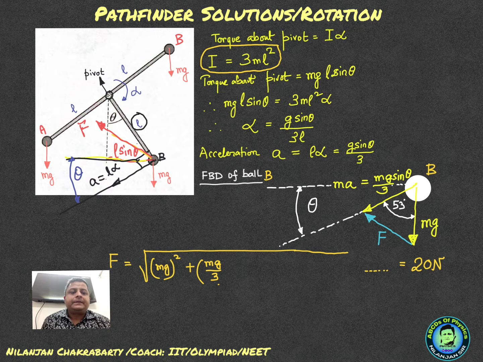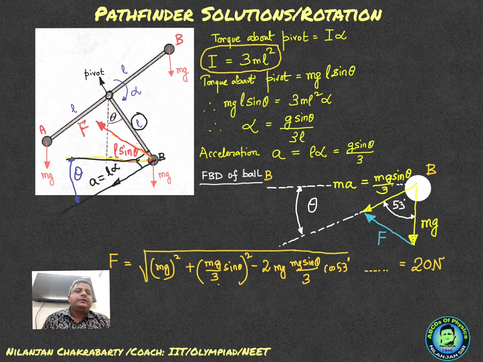So F equals mg times root over of mg square plus mg by 3 sine theta square minus 2 mg times mg sine theta by 3 times cos 53, and this I have calculated. If you want, you can calculate it. Obviously this will come up as 20 Newton.